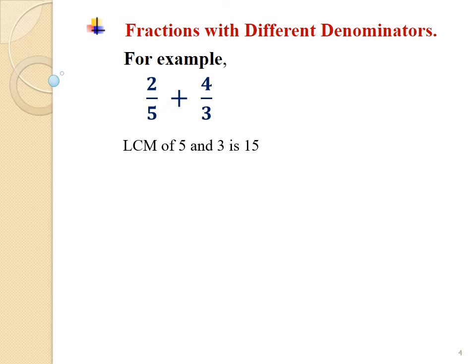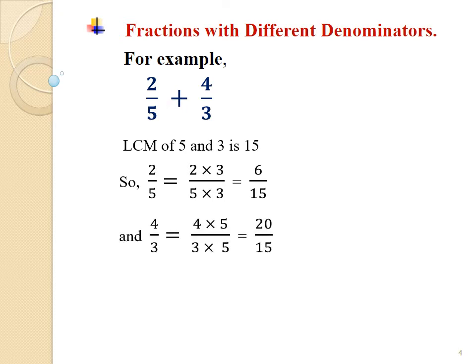As LCM is 15, thus multiplying 2 upon 5 by 3, we get 6 upon 15 and multiplying 4 upon 3 by 5, we get 20 upon 15. So, 2 upon 5 plus 4 upon 3 equals 6 upon 15 plus 20 upon 15.